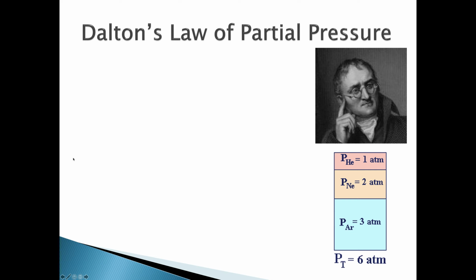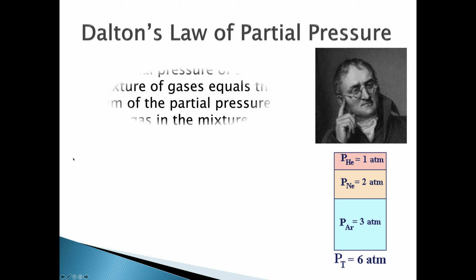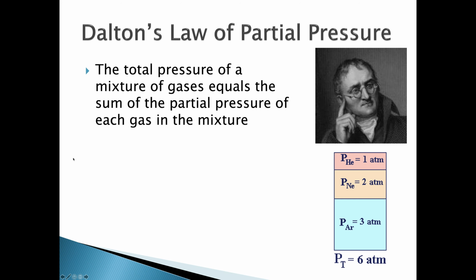He made use of Avogadro's hypothesis that states that equal volumes will contain equal moles to expand upon that to the law of partial pressures, which states that if you have a mixture of gases, the total pressure of that mixture will equal the sum, which means you add them up, of the partial pressure of each gas in the mixture.